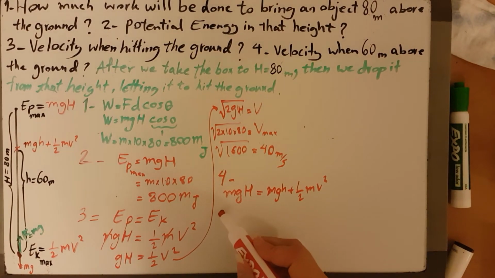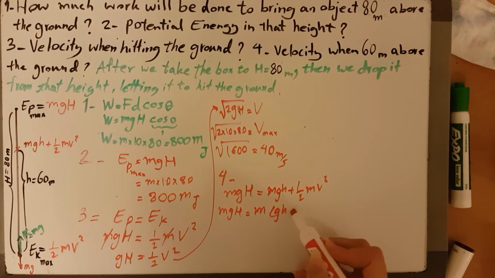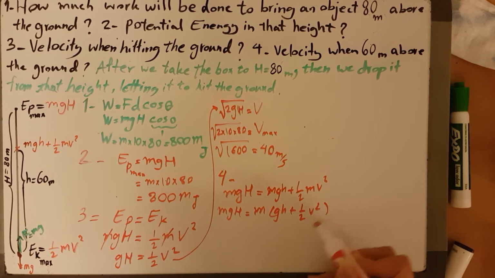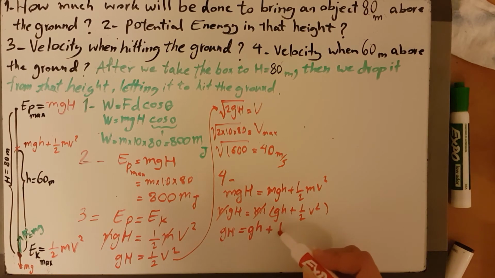So I factor the m in here, and then I cancel it. So the gh equals gh plus half v square, and therefore the gh minus this gh equals half v square.